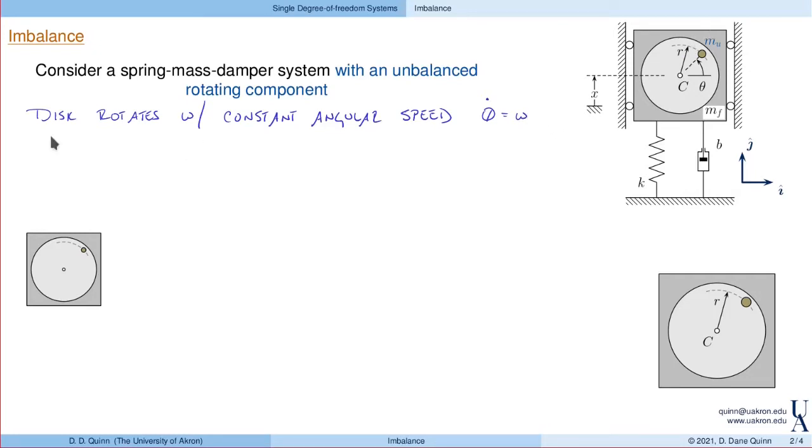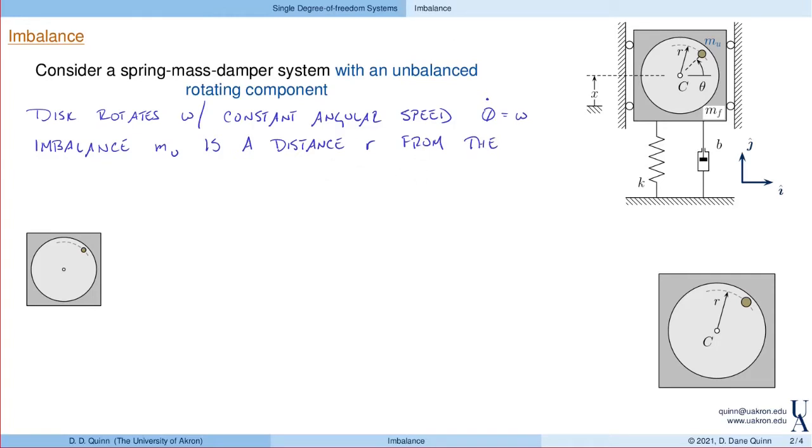Again, we've mentioned the mass imbalance. So the imbalance, which is mu, is a distance of r from the center of rotation.